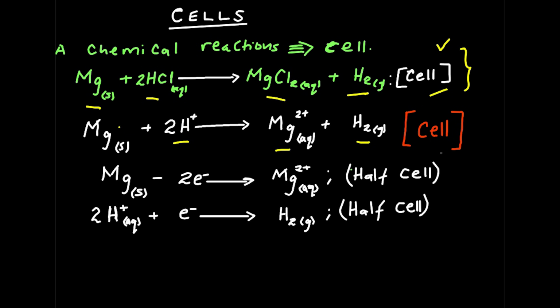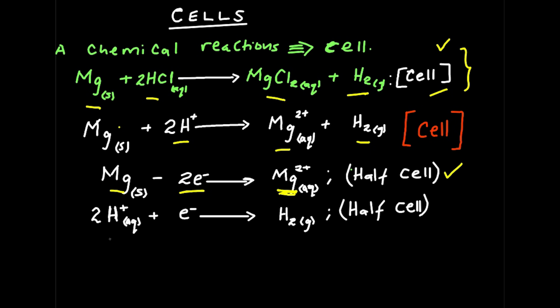Separating these reactions into two, we have magnesium metal becoming magnesium ions. In this case, therefore, the magnesium loses 2 electrons, becoming magnesium ions, and that is therefore half of the reaction, which we refer to as a half cell.